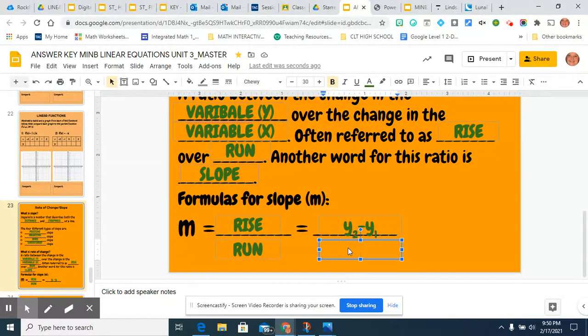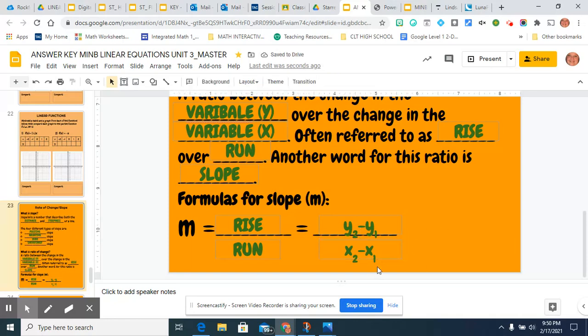So underneath that, we have x subscript 2 minus x subscript 1. And as we should notice, the 2's are lined up underneath each other, the 1's underneath each other.